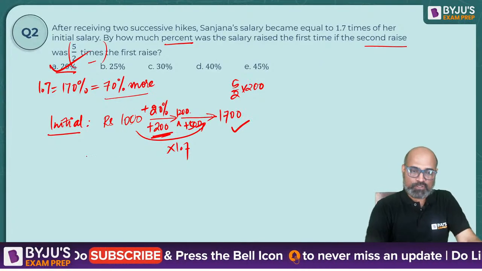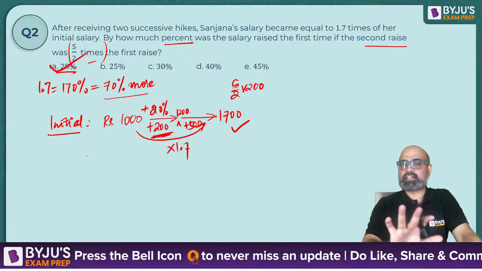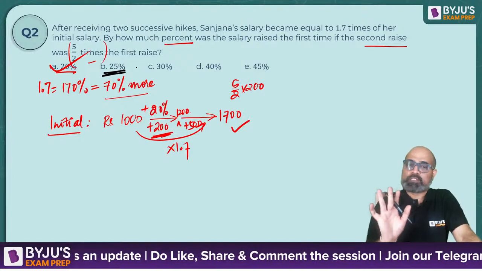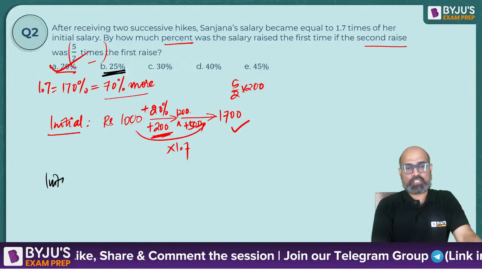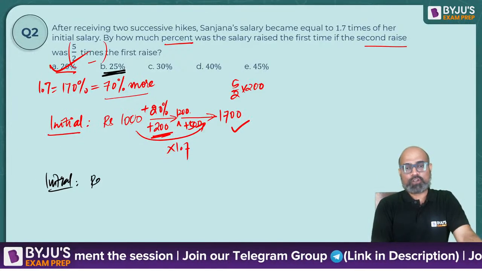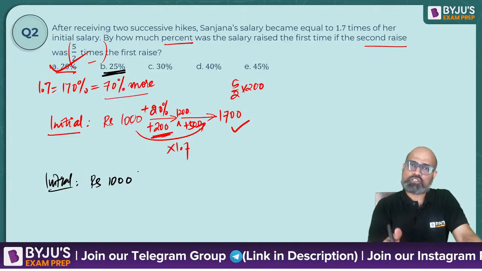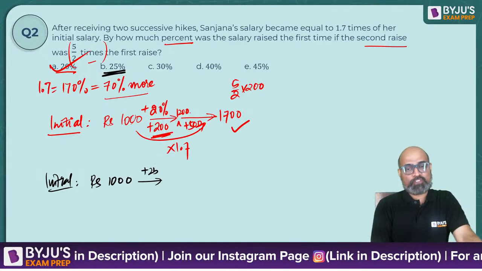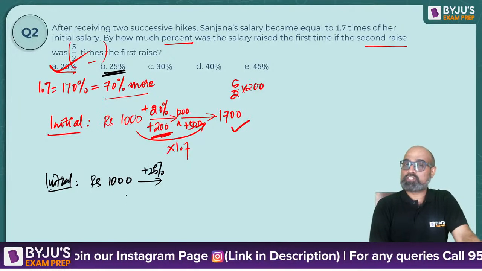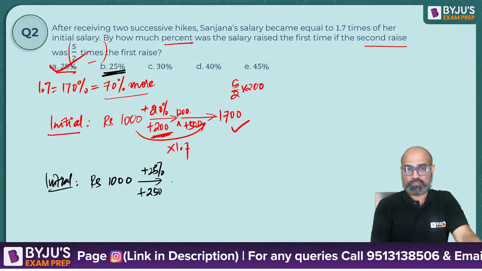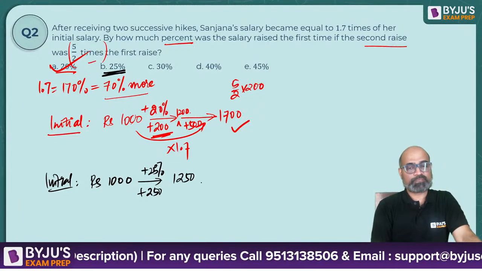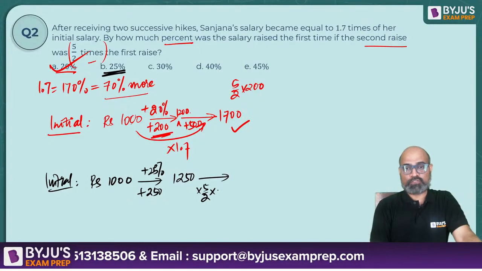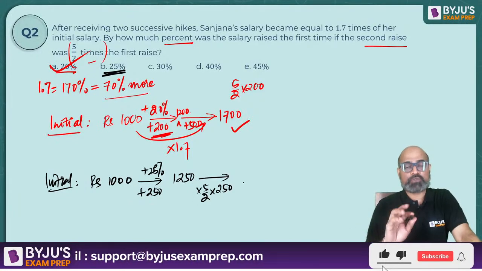right? I'll use one more option so that you guys can understand that this will not make sense. Let's say the second option is 25%, right? So I will take the initial salary of hers to be rupees 1000 or rupees 2000 or rupees 100. It doesn't matter. So it increases by 25%. 25% of 1000 is 250, right? So it increased by 250. It became 1250. Now this became 5 by 2 times of 250. What is the increase?